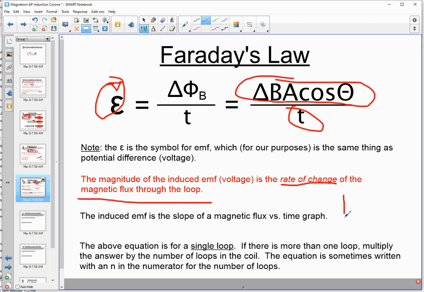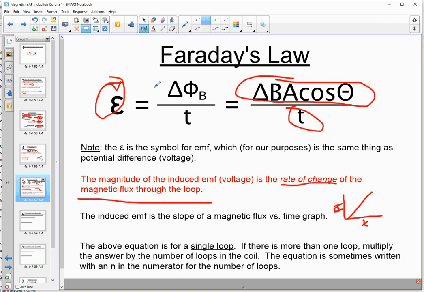If you had a graph of magnetic flux versus time, that's a phi, magnetic flux versus time. If you had that graph, you could simply take the slope of this graph, and that would give you the induced EMF. And this equation here, as usually written, is for a single loop.